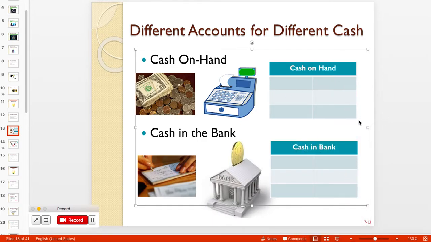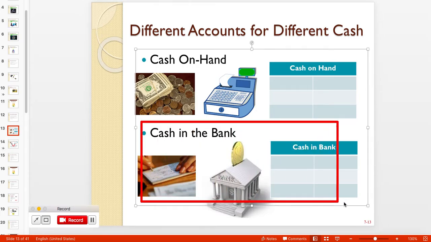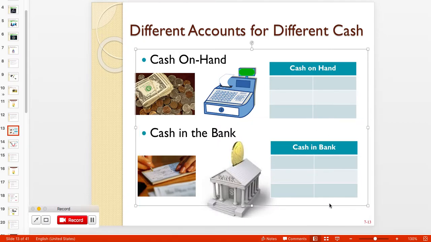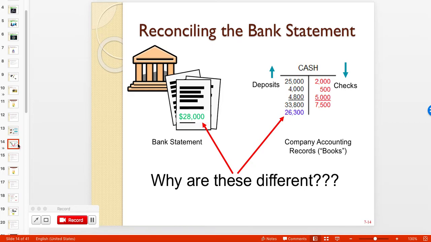So a company can have multiple types of cash accounts, but the bank reconciliation relates only to cash in the bank. What we're trying to do is make sure that our accounting records for what we have as cash in the bank are correct and complete. So what happens is this.